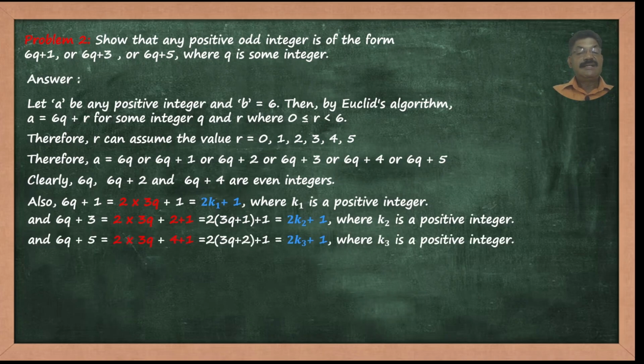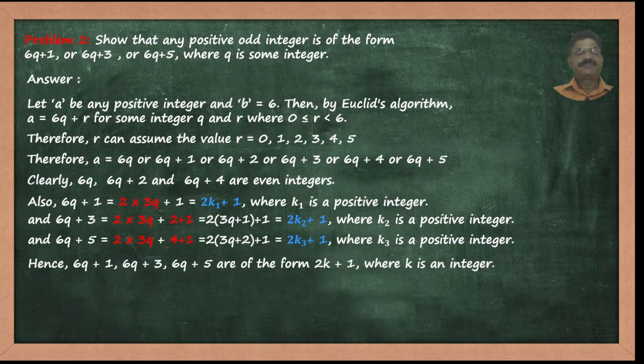Now you consider the last form, 6q plus 5. This can be written as 2 times 3q plus 4 plus 1. In the first two terms, 2 is common. Take 2 outside. What remains? 3q plus 2. If you take 3q plus 2 as k3, this number will be of the form 2k3 plus 1, where k3 is a positive integer.